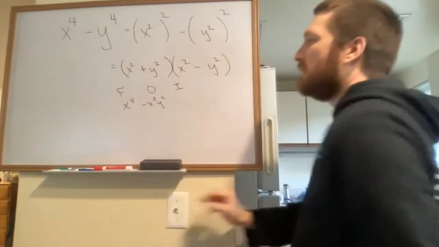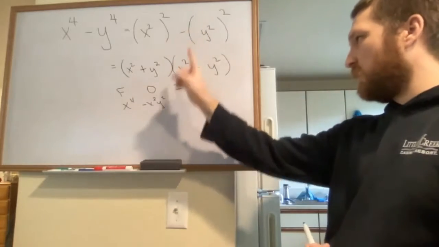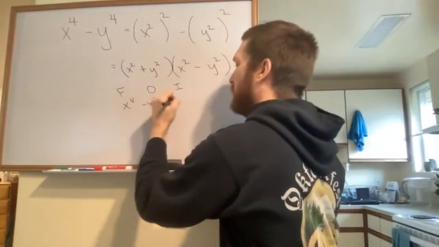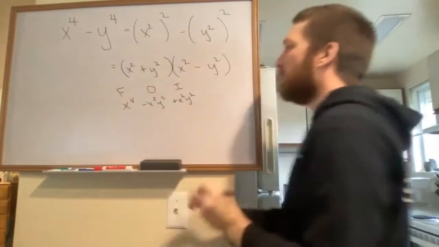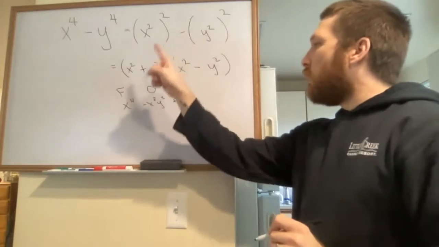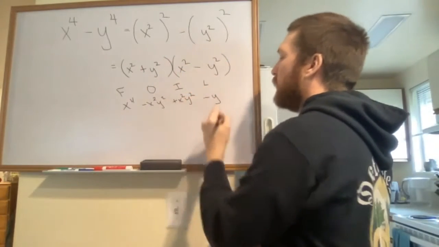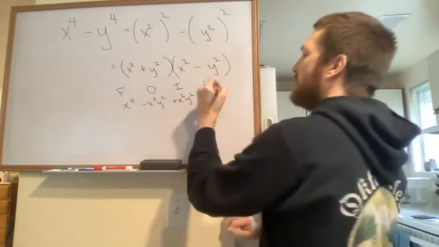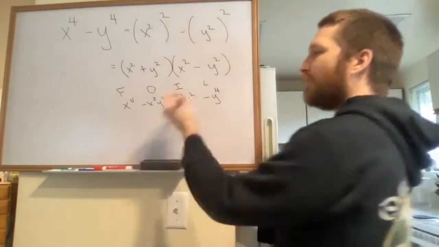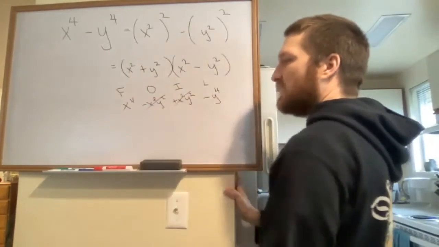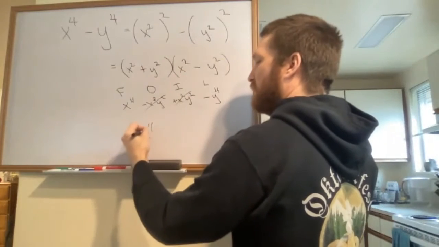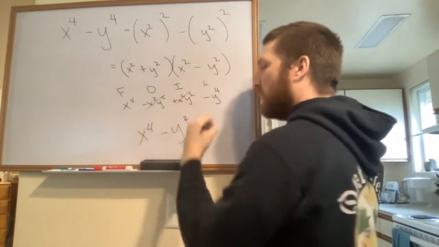My inner gives me plus x squared y squared. My last gives me y squared and y squared, but it's minus, so I get a minus y to the fourth. The outer and the inner cancel, and I'm left with x to the fourth minus y to the fourth.